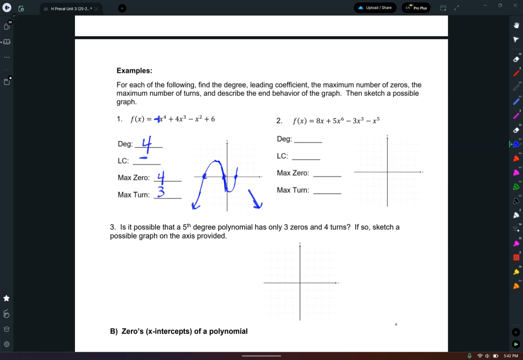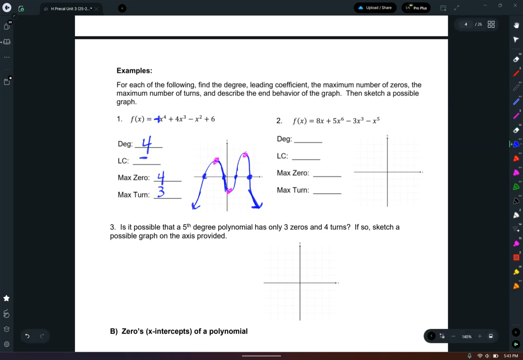And then I'm going to turn and come back down. And so there are 4 zeros, and on this particular graph, there are 1, 2, 3 turns. Now, I'm not saying that it has to look like this. I'm saying it could look like this. This is one option.